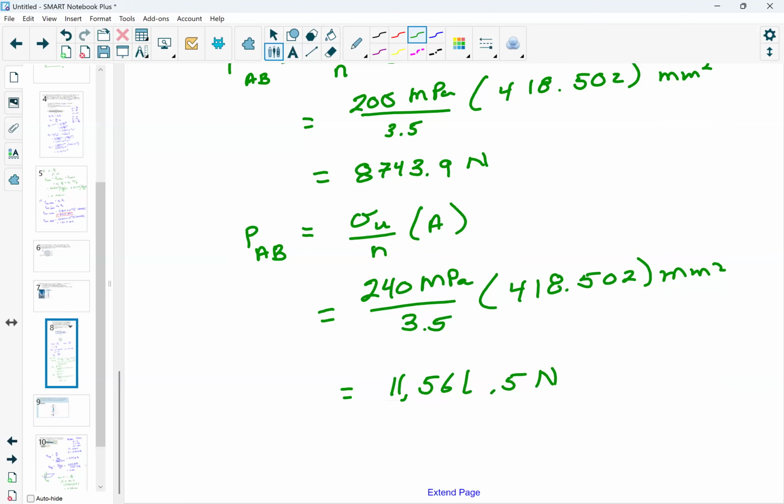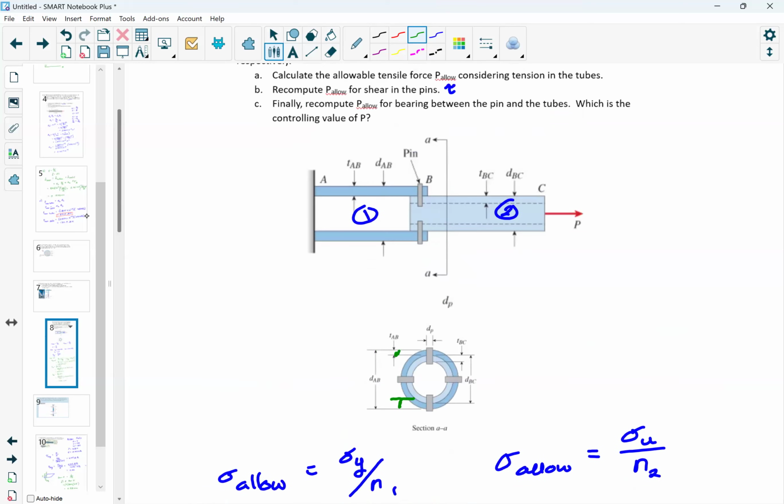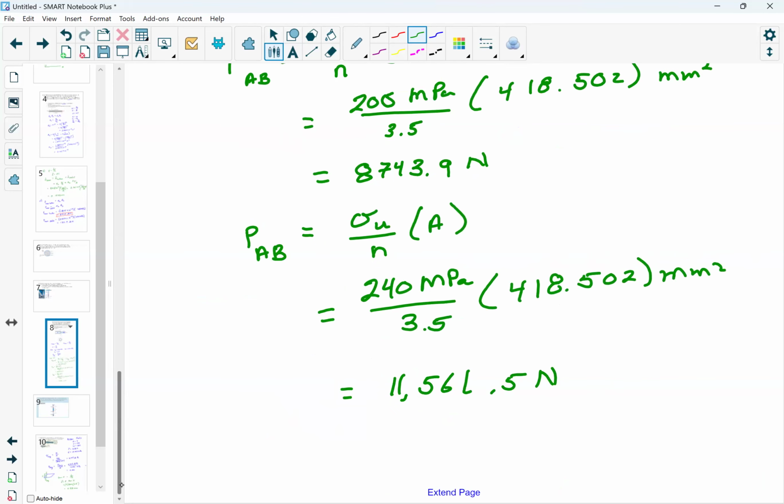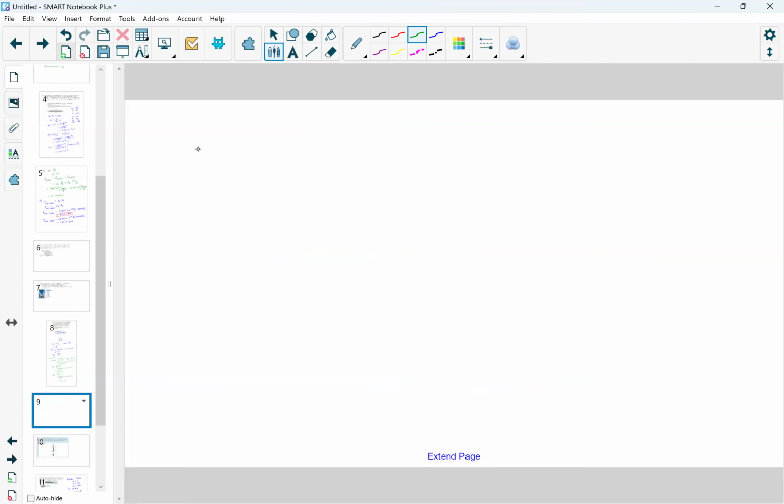Okay, so now we need to look at what's happening for this tube number 2, or the BC tube. All right, so we'll look now at tube BC. We are going to have to figure out the area.